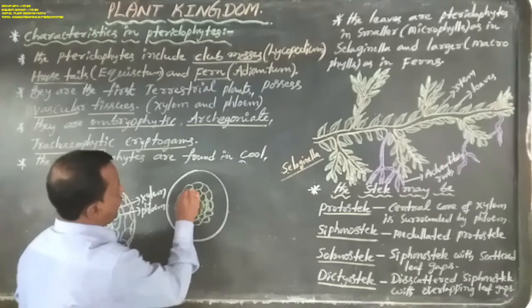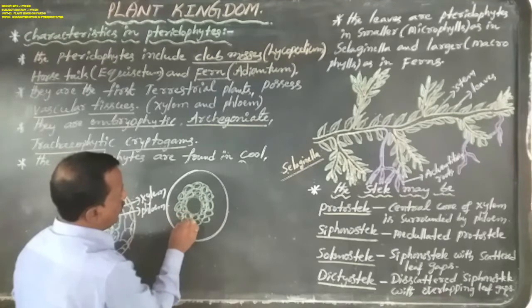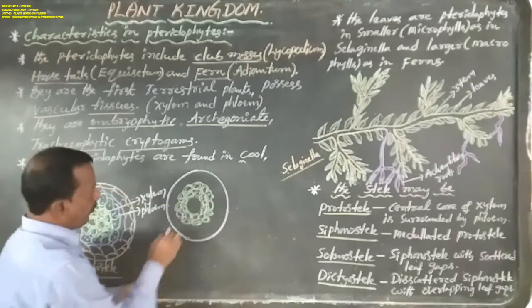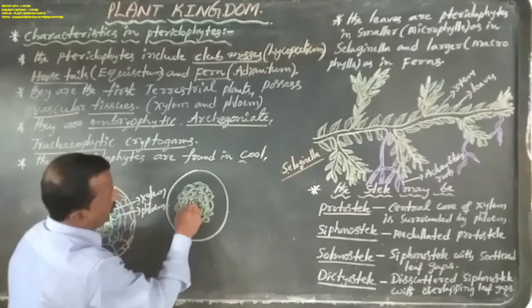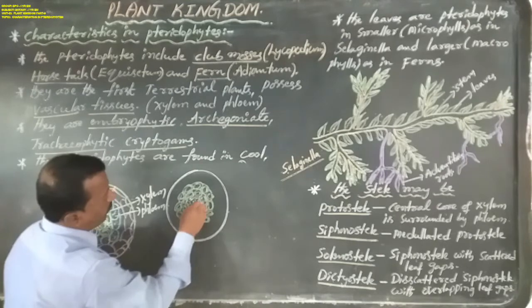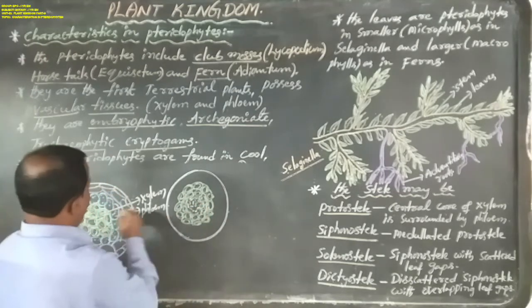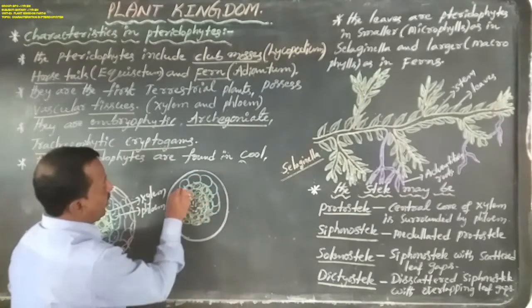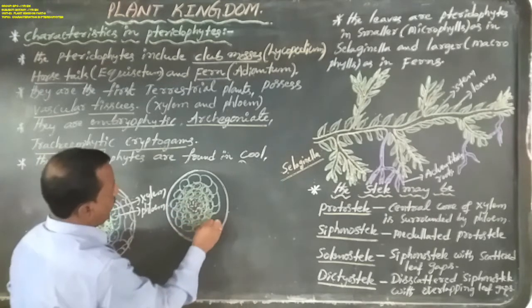In this stele, the center is occupied by pith or medulla, surrounded by xylem and then phloem, generally with pericycle and endodermis.